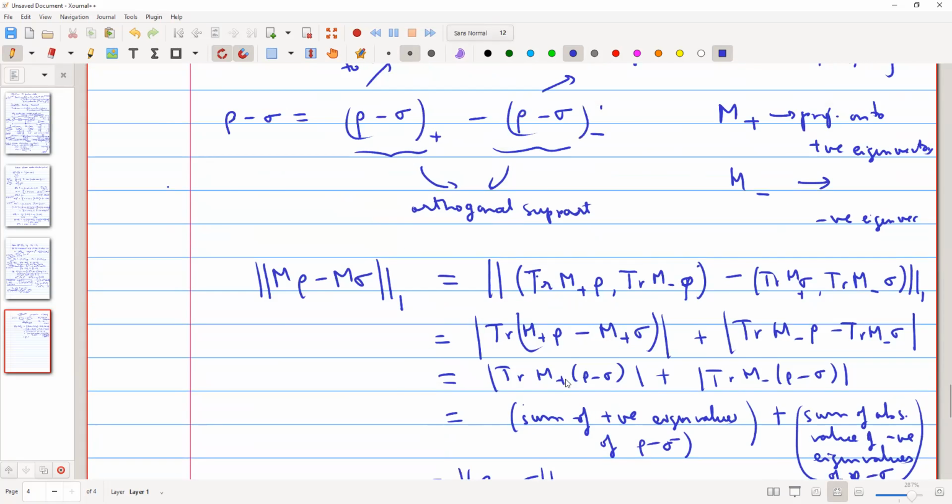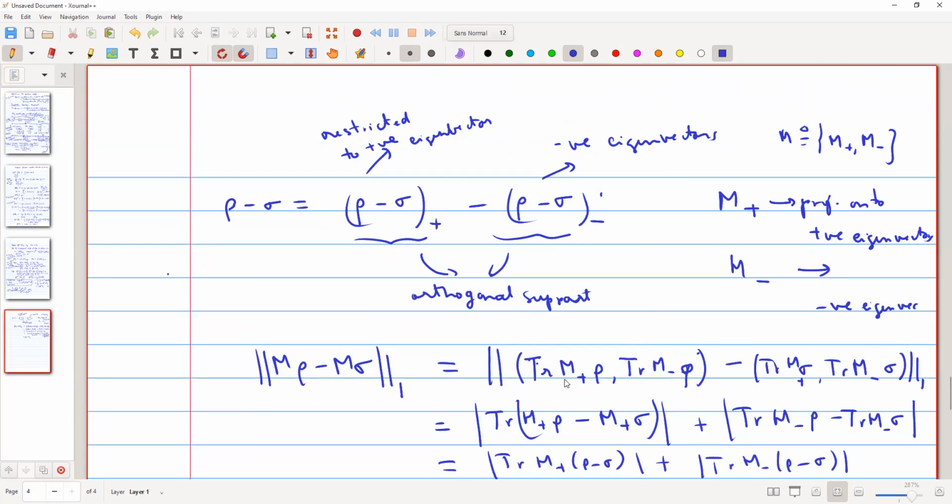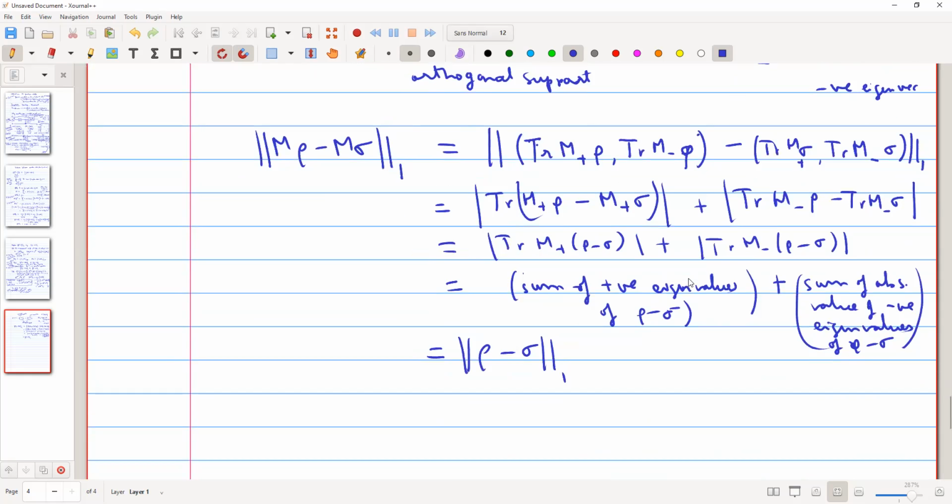So actually, this special two outcome measurement has the outcome plus projecting onto the positive eigenvalues of rho minus sigma, and the outcome minus projecting onto the negative eigenvalues of rho minus sigma. Overall the span of those two subspaces is the entire space, since an eigenvalue is either positive or negative.